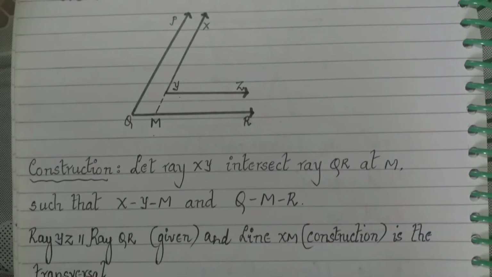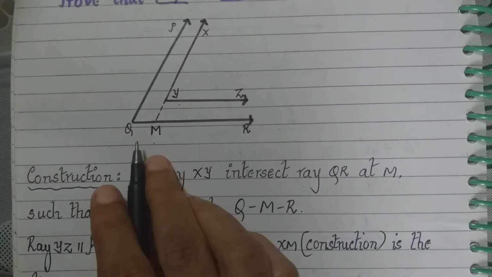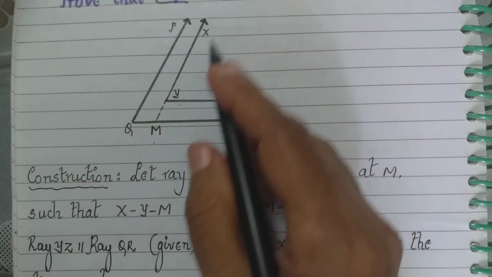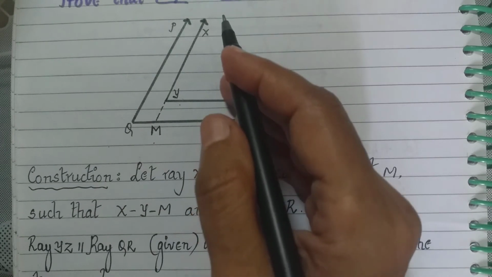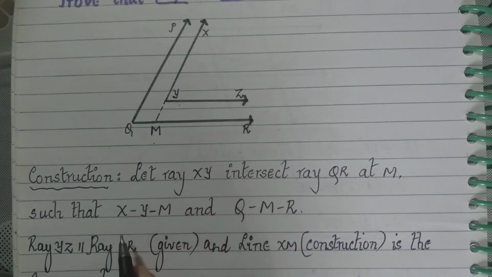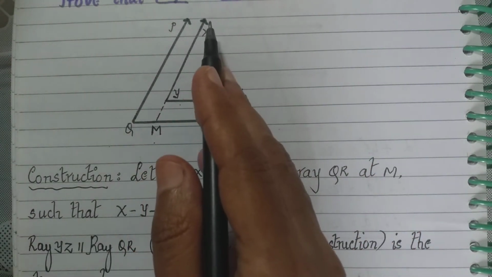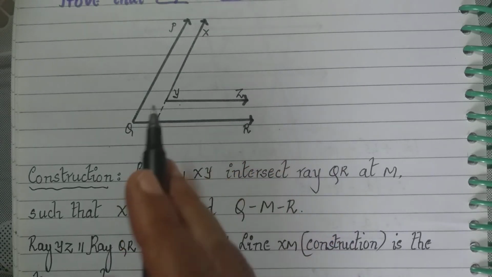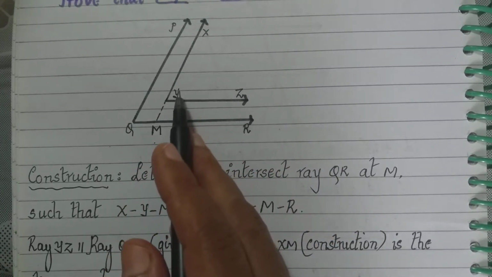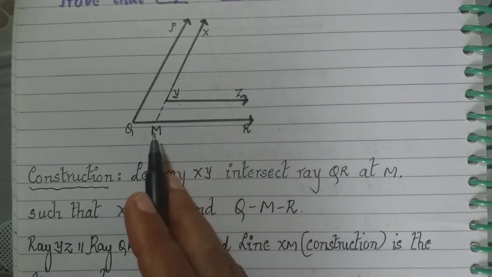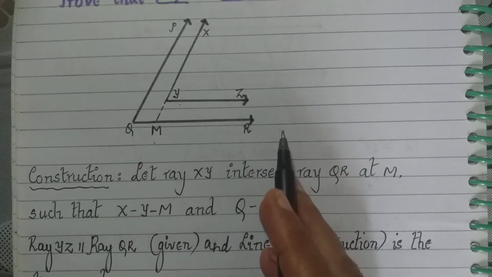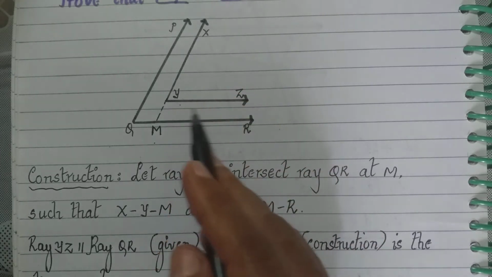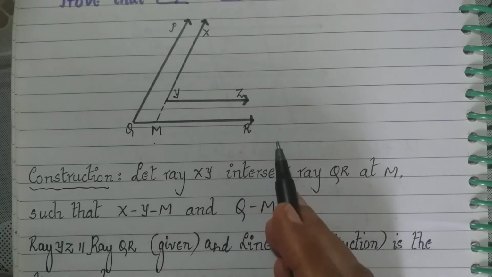Now, if ray YZ is parallel to QR and XM is the transversal, or a line which is cutting these two parallel lines, we can clearly see here that this angle XYZ is congruent to angle YMR. So we see angle XYZ is congruent to angle YMR.